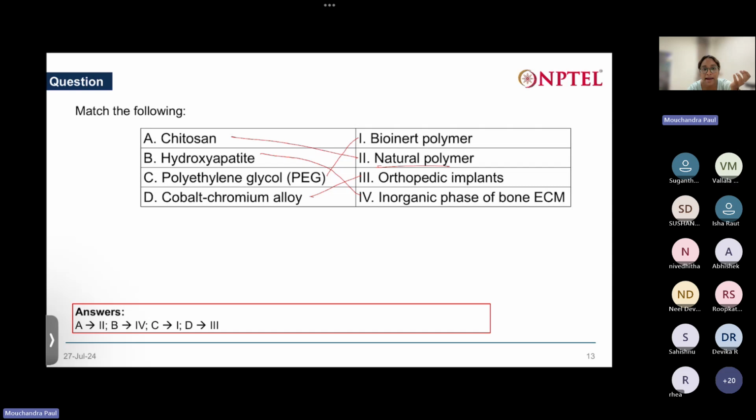Whereas synthetic polymers, we make in the lab, right? So the chemistry of the synthetic polymers is much more defined, whereas the natural polymers, since we derive them from natural sources, we often see batch to batch variation.